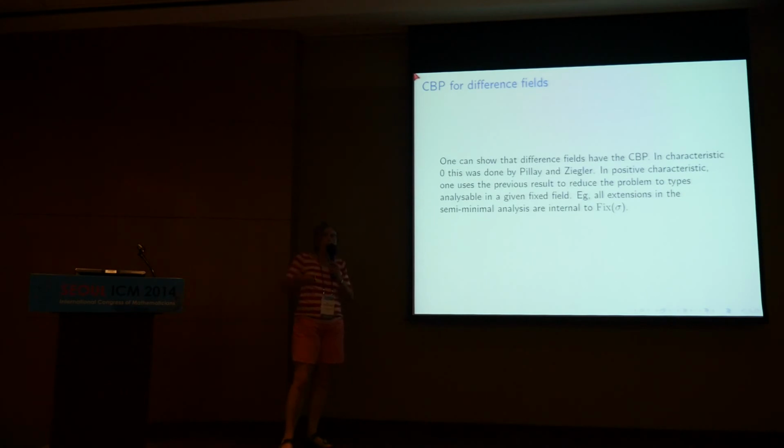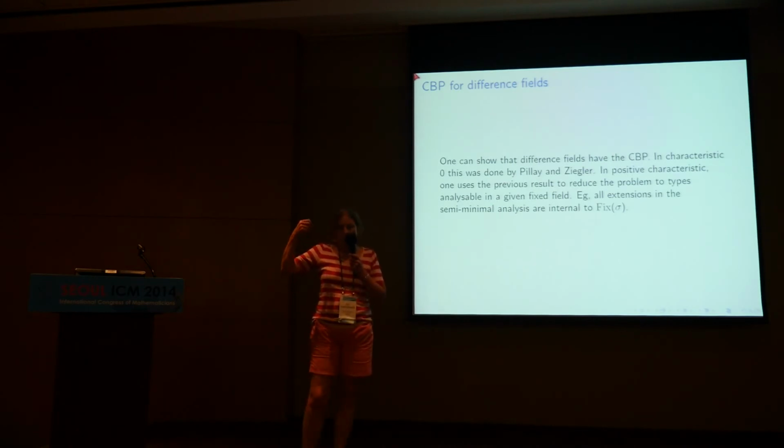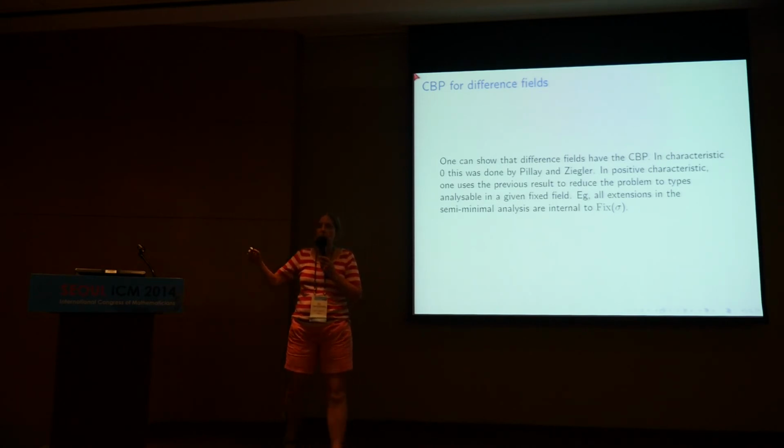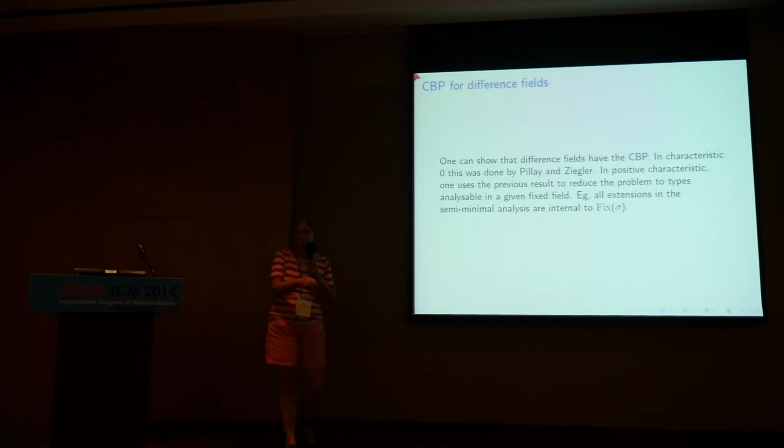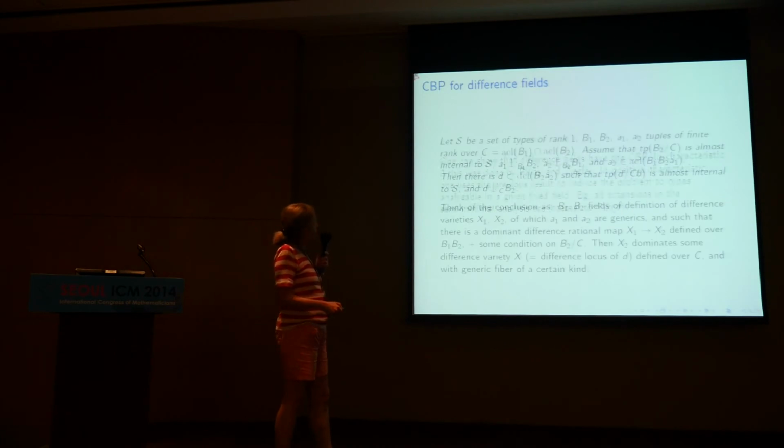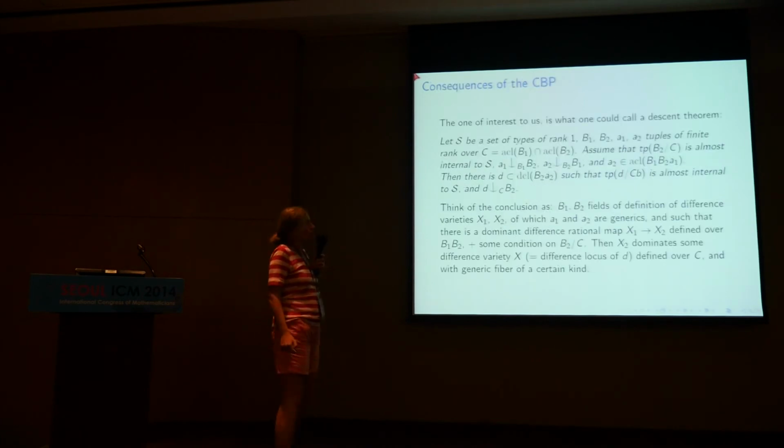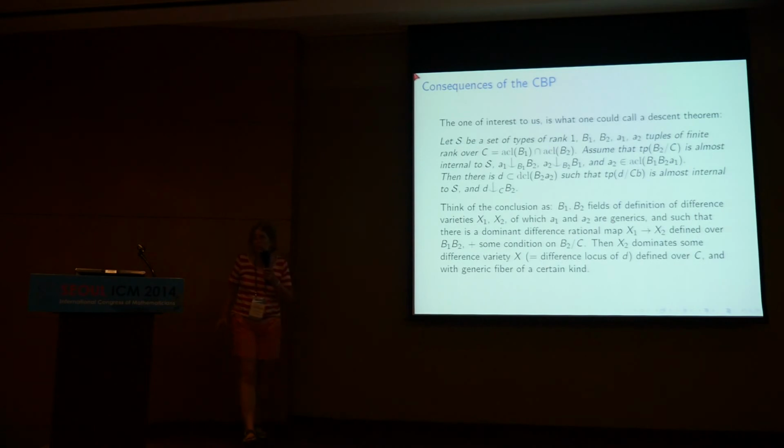First of all, you use the preceding result to reduce to the case where the type is analyzable in fixed tau, for some tau which is sigma to the n, for Frobenius to the n. Once you have done that, you can reduce to the Pillay-Ziegler proof, and you get the results. So that's how you prove it. And what we are using is the following. That's what gives the descent, really.